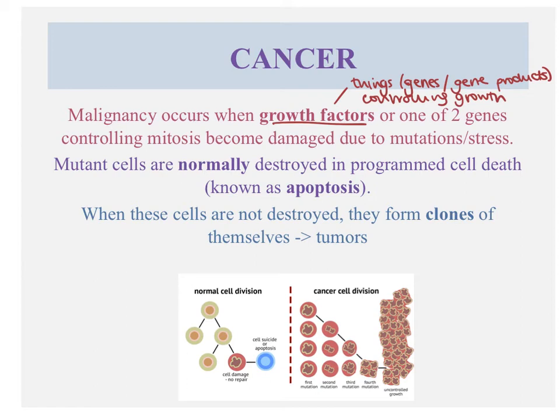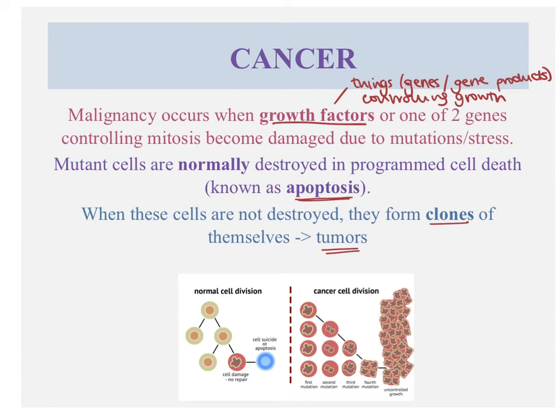So UV radiation has hit your skin cells, that's induced a mutation, then that cell has become cancerous. Now normally, as we know, these mutant cells are destroyed, they undergo apoptosis, but if not, they're going to quickly replicate. They form clones of themselves, or they just replicate really rapidly, and that is the formation of the tumours.